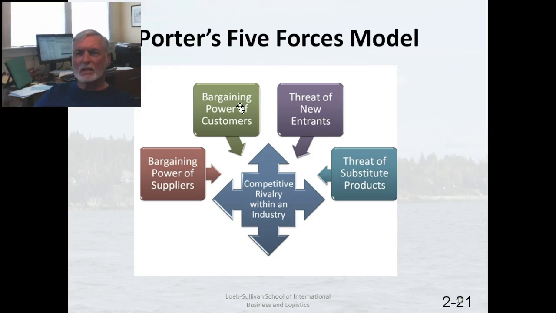So if there's lots of substitutes for my product, it's less attractive than if I have a unique niche or a unique product, or the industry is unique. Bargaining power of suppliers, same thing. If my suppliers have a lot of bargaining power and they can force me to pay more for my inputs, then that becomes a less attractive market. If the suppliers are fragmented, don't have much bargaining power, then it's more attractive.